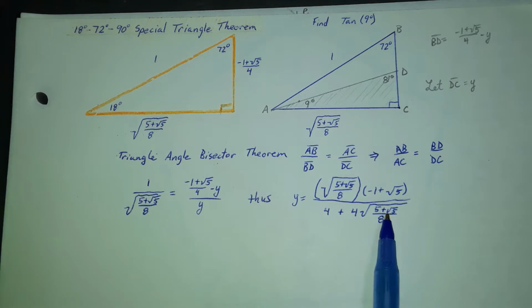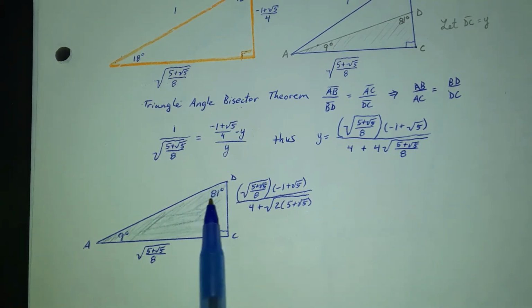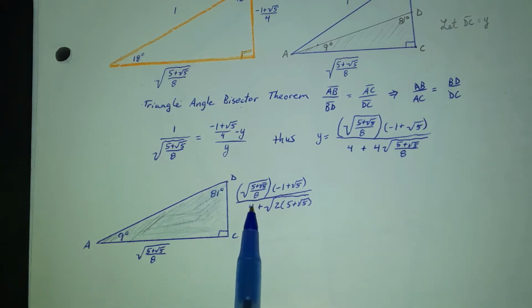This term can be simplified a little bit, and you can rewrite this so that you can eliminate the denominator here. Alright, so here's where we are. We have this triangle, 9 degrees, 81 degrees, and 90 degrees. We have this side length here, and this side length here. At this point, we technically have enough information to find the tangent of 9 degrees.